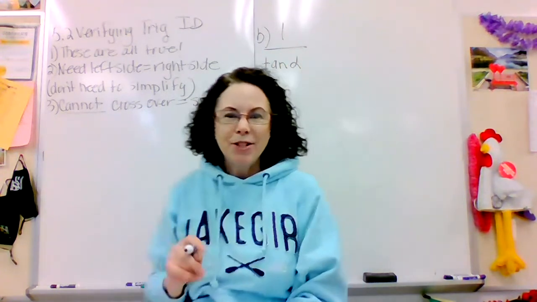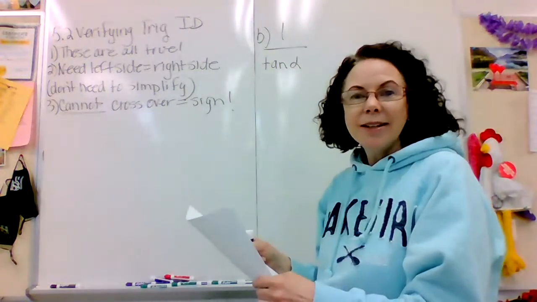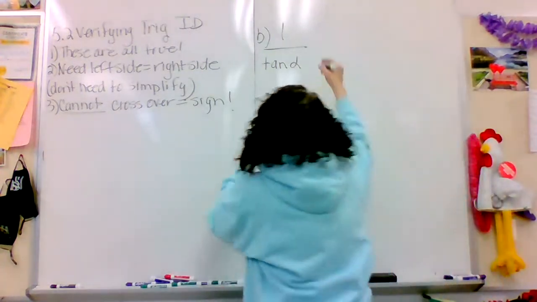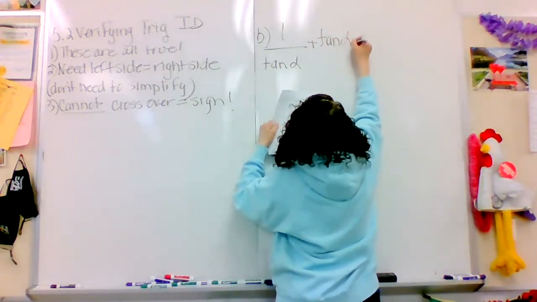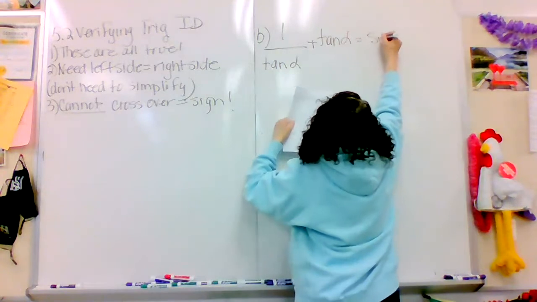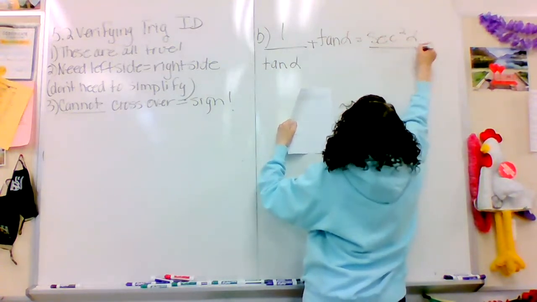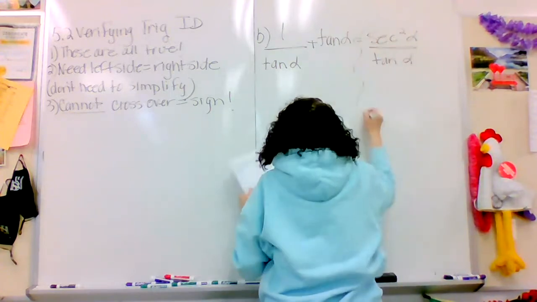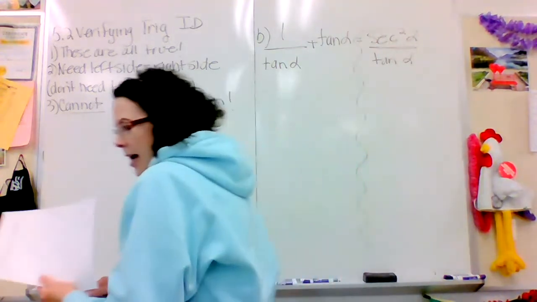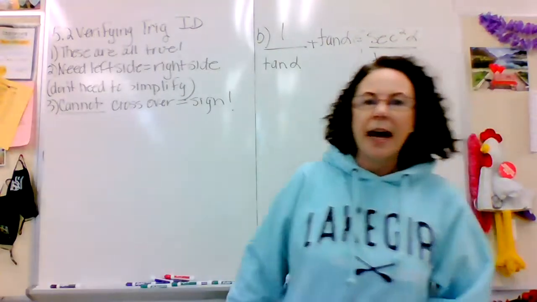I think it looks like a fishy. I call it fishy because doesn't it look like a little fish? Plus tangent fishy equals secant squared fishy over tangent fishy. There we go. There's my equal sign. I'm going to draw my squiggly line down the equals. I'm not going to cross that.